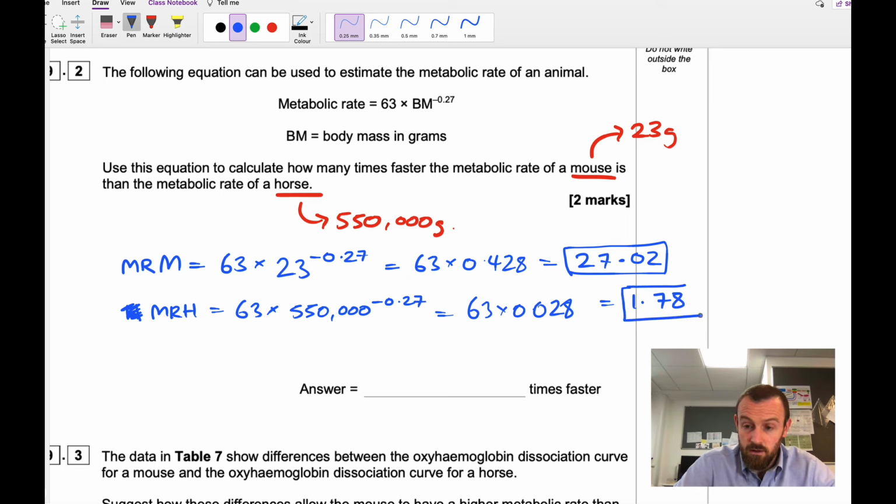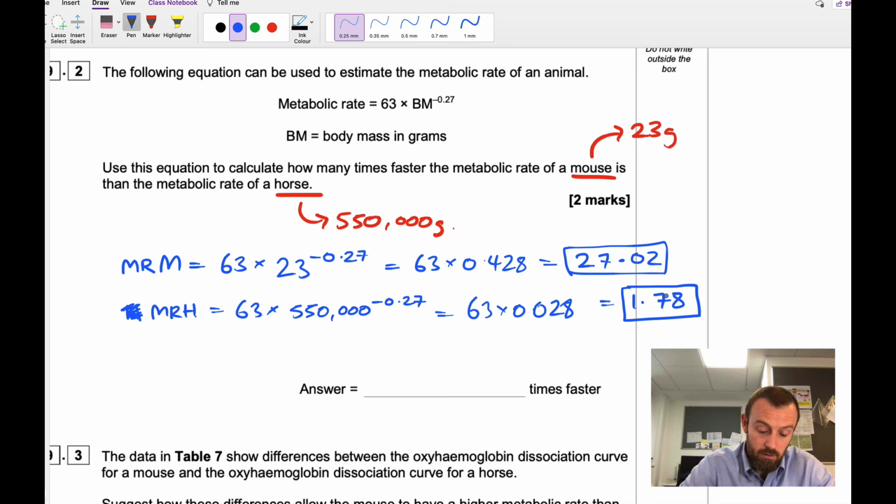Okay, and then it says, how many times faster is the metabolic rate of the mouse than the horse? This is the mouse than the horse, so I want to do 27.02 divided by 1.78. So this big number divided by this smaller number.